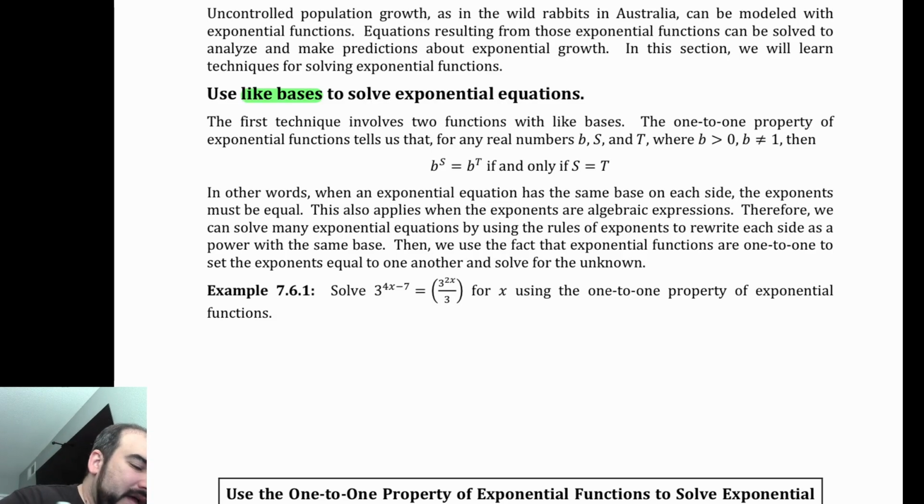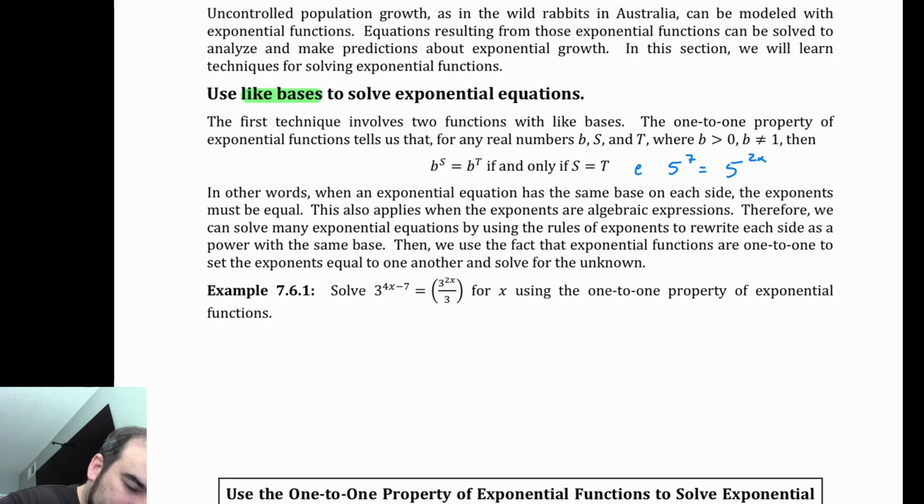So if I have something like, let's say, 5 to the 7 power equals 5 to the 2x power, I know that since the bases are the same, those exponents must be equal to each other.